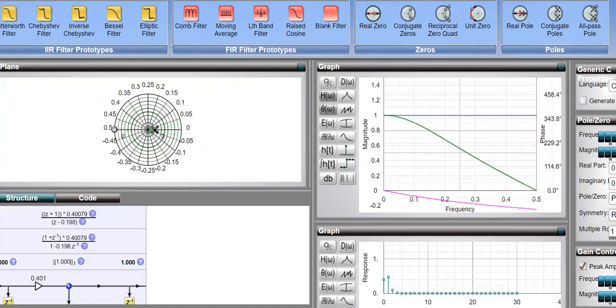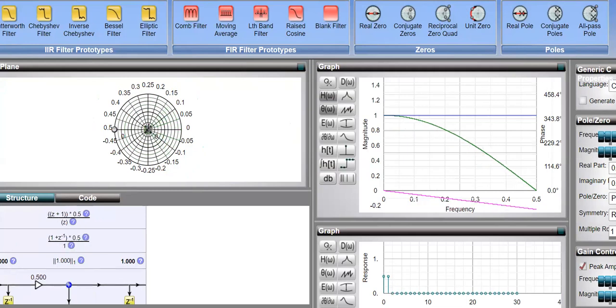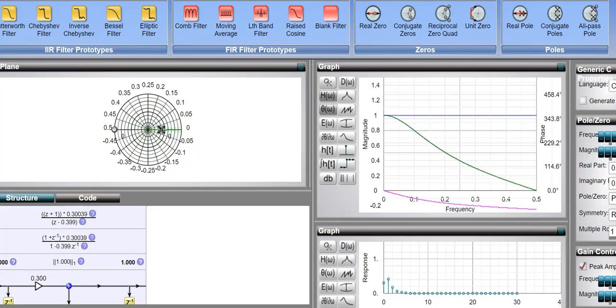Here, when it is at the center, the quality of the filter is very low, poor, but you can see the phase response is linear. So that is a FIR type filter. Whenever we put the pole locations very close to the unit circle, you can find that the quality of the filter is improving. However, now you can find that this phase response is non-linear, and that makes a problem.